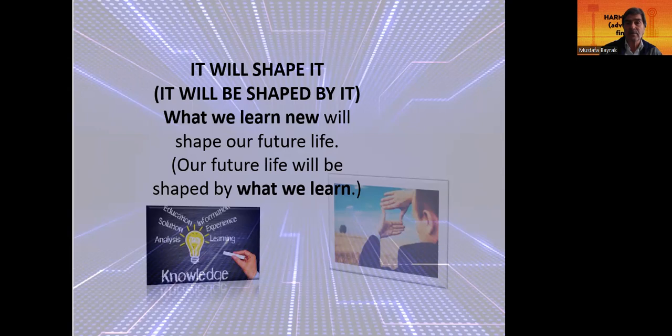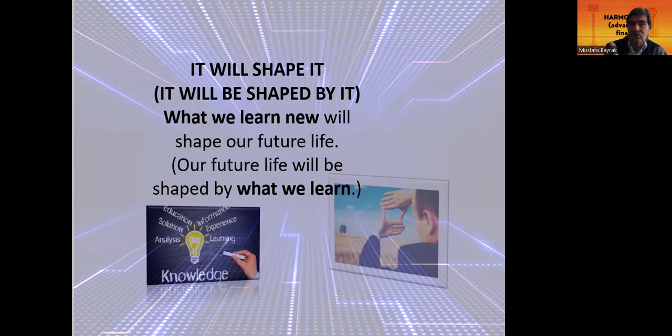Knowledge is the base of development, or development is based on knowledge. Of course, we can say it like this: knowledge will shape our future life. Okay, just using a noun. Or education will shape our future life.